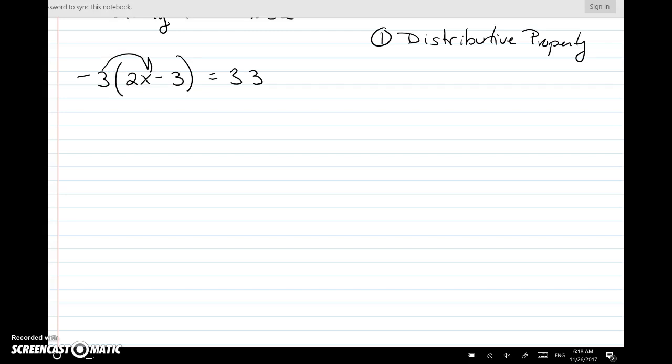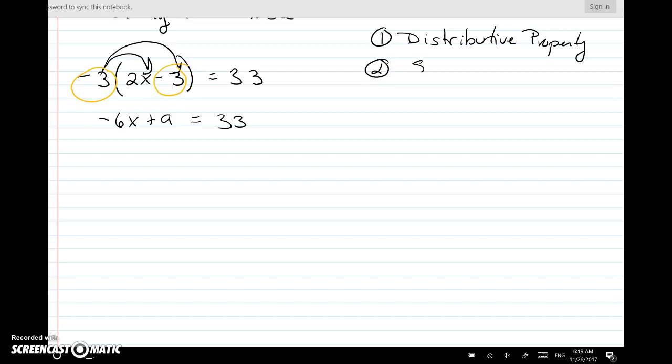Negative 3 times 2x is negative 6x, and negative 3 times negative 3 is positive 9. Remember, the signs belong to the numbers behind them. And that equals 33. Now we have just a regular two-step equation.